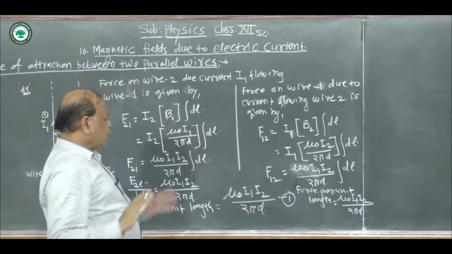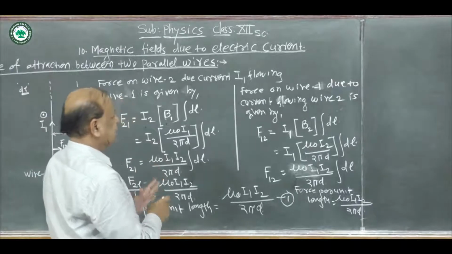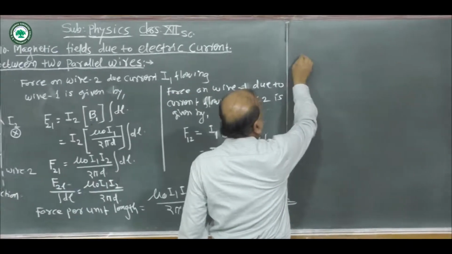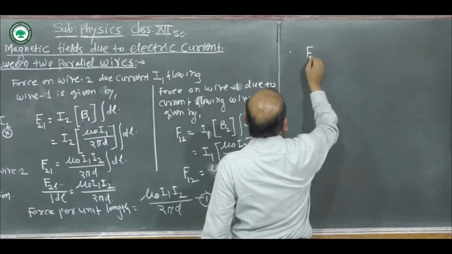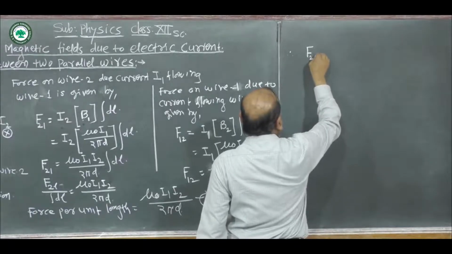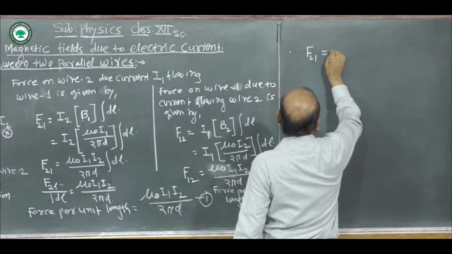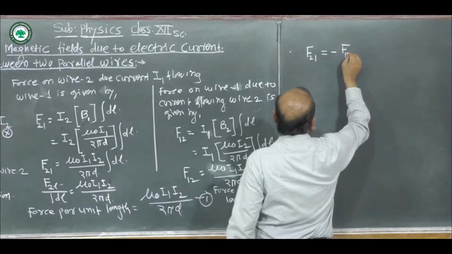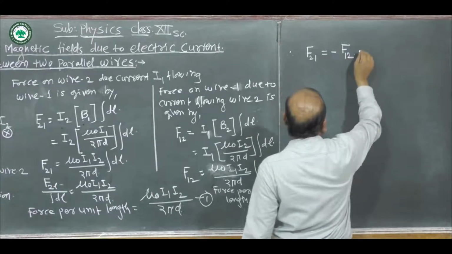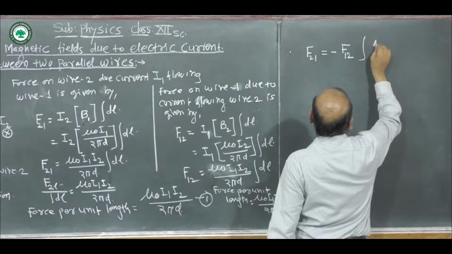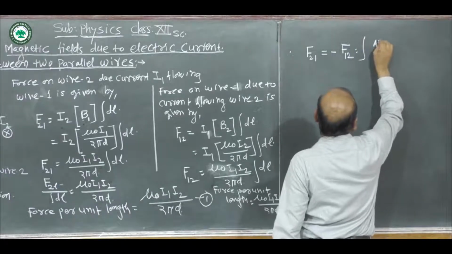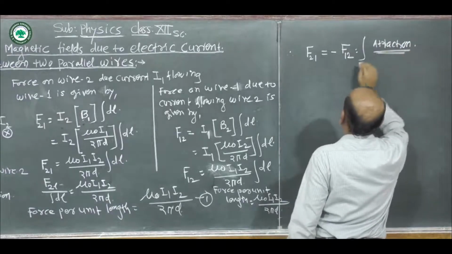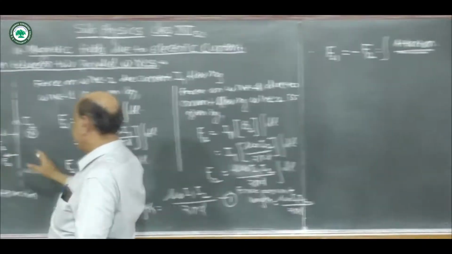According to the right hand rule, these two forces are opposite, and therefore the force on wire 2 due to wire 1 is equal to minus the force on wire 1 due to wire 2, and this is an attractive force, an attraction between these two conductors.